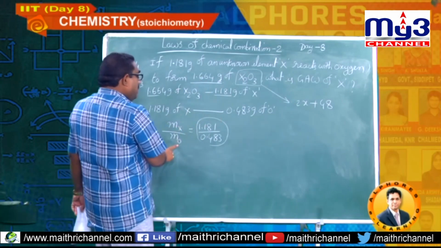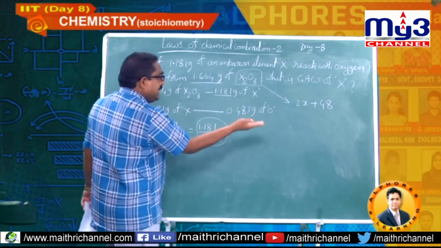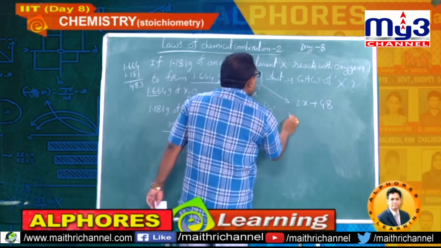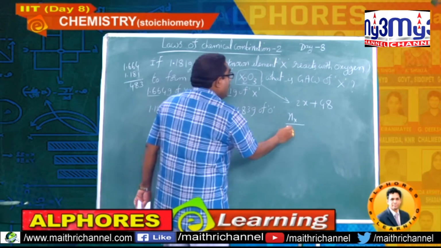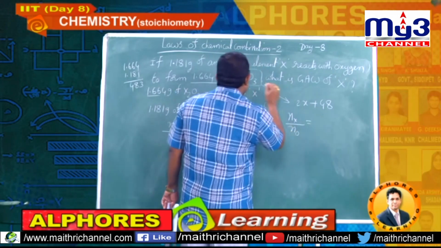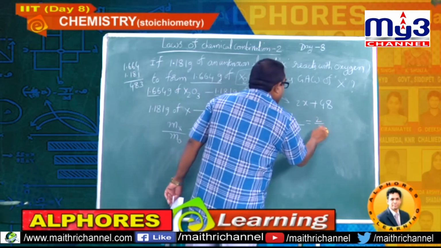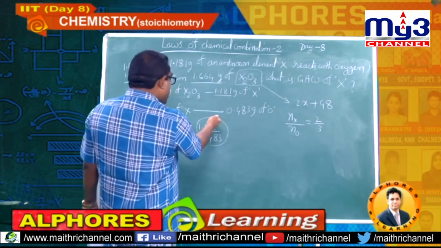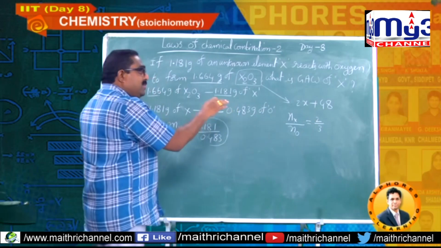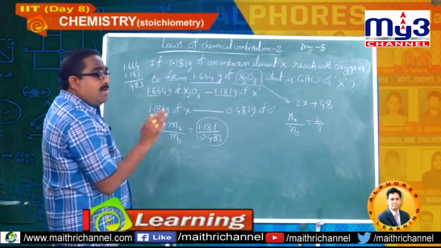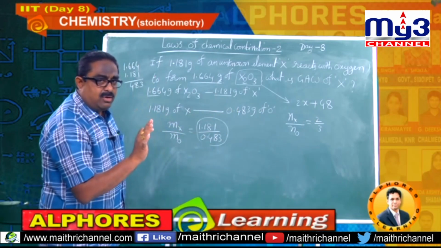Here I have written mass ratio. You can also write moles ratio. What is the moles ratio? Moles of X divided by moles of oxygen is equal to 2 by 3. So this is mass ratio, this is moles ratio. According to this approach also you can go. Both the approaches I will explain to you, students.